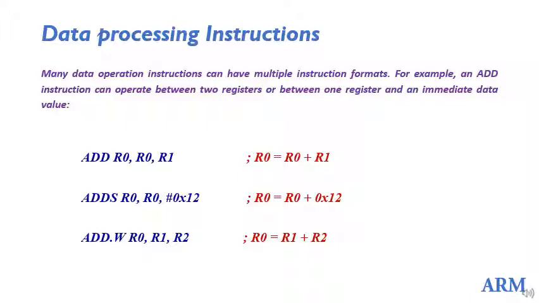In Cortex M3, the instructions can have multiple instruction formats. This is because we know that the Cortex M3 supports thumb-2 technology, or the thumb-2 instruction set. This thumb-2 instruction set is a superset of the 16-bit thumb instruction set and the 32-bit ARM instruction set.